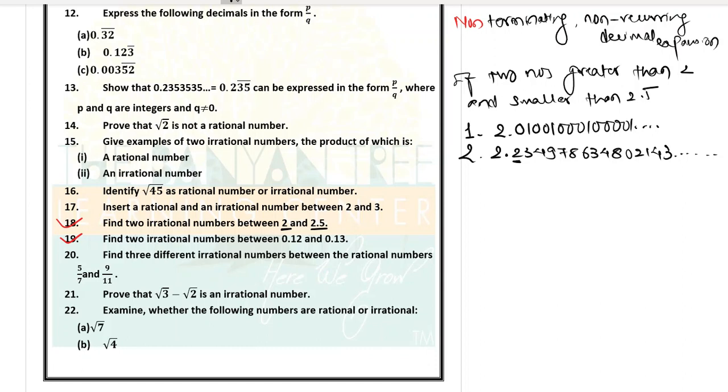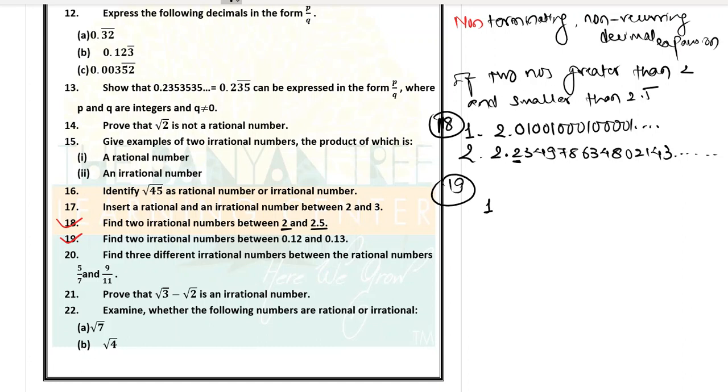Then you have asked me question number 19 also. Find two irrational numbers between 0.12 and 0.13. Can you apply the same logic and solve this? It's very easy. Let me solve it. This was question number 18, and now I'm going to solve 19 for you.